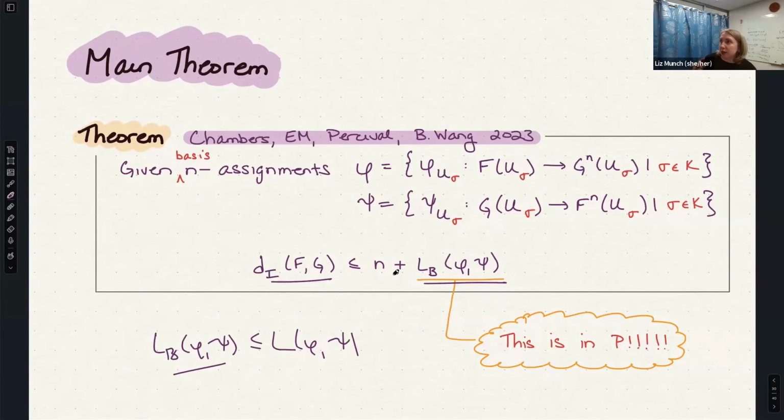So the answer is because if you compute this loss function on the basis elements, what you're doing is you're actually going to take information about the maps, the pieces that are on the basis elements, and then use that to extend to maps on the full set, where you're basically going to do a better job, potentially, or at least no worse of a job, taking your information from all of the f of u sigma that you take as a union to get you your f of u, and then intelligently choose the map from f of u based on those pieces, right?